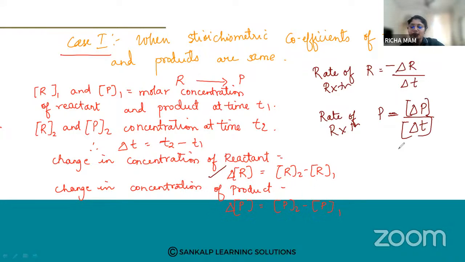Got it? The rate of reaction for the reactant is expressed with a negative sign, since the reactant is on the left hand side.